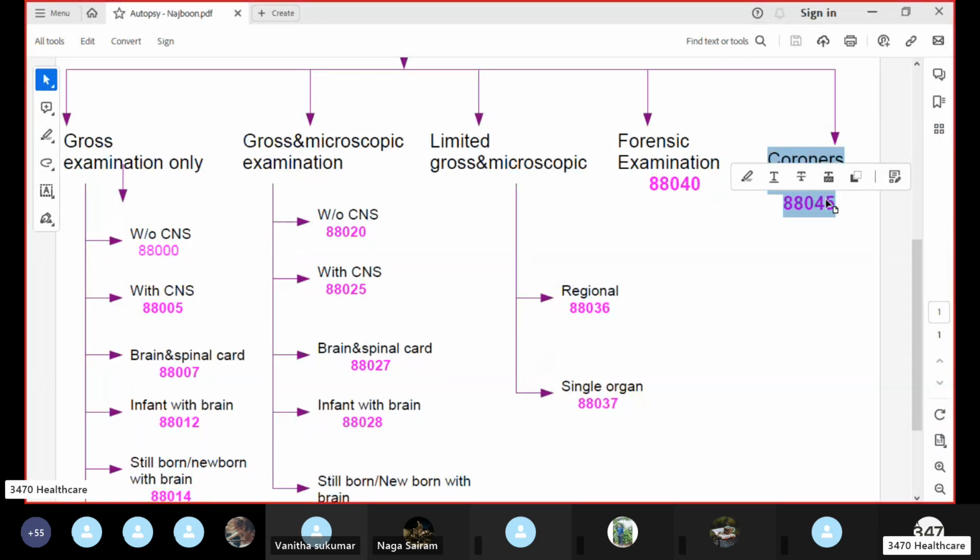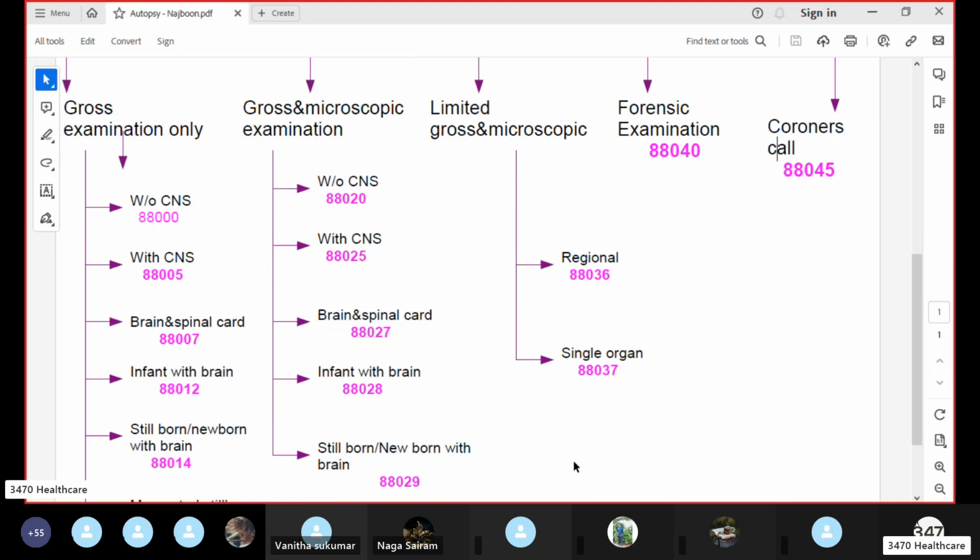So gross, gross and microscope, limited gross and microscope, forensic, and coroner's call. Okay, please go and check these codes inside the book, everyone.